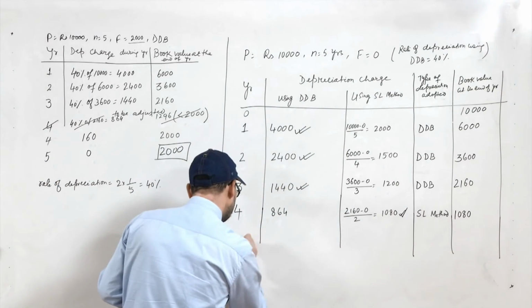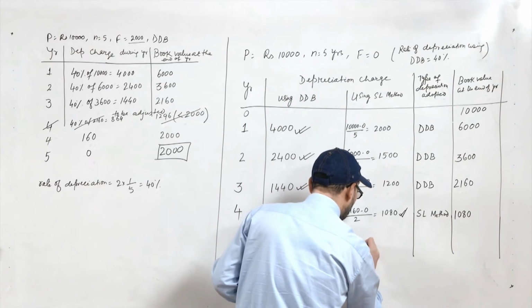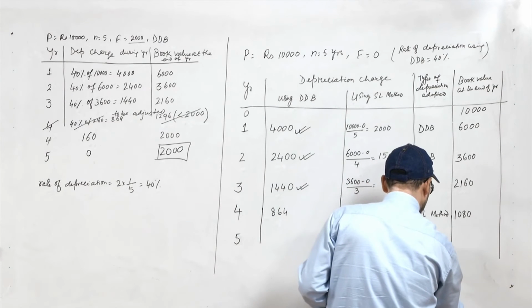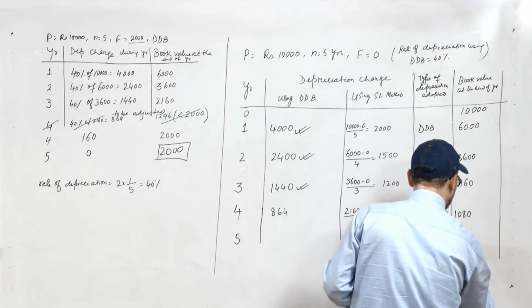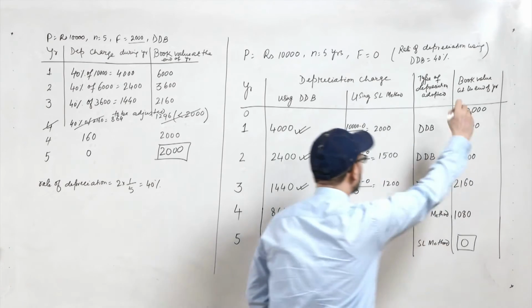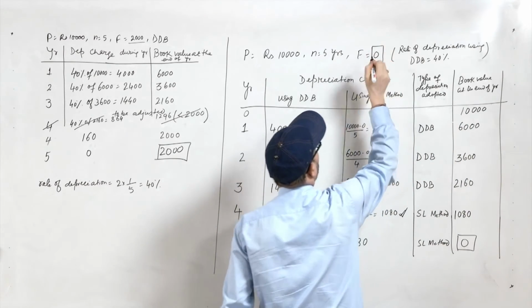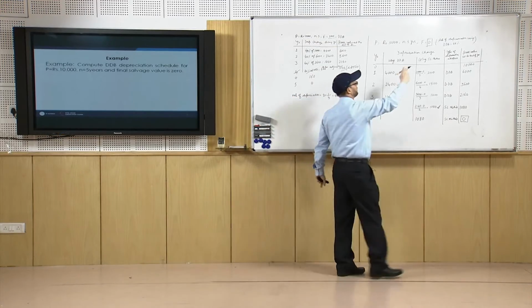We have only 1 year left. In that year we have 1080 as the depreciation charge, and finally we will use the straight line method and we will have the book value as 0. So, basically we achieve the book value of 0 at the end of 5th year, that is your salvage value.